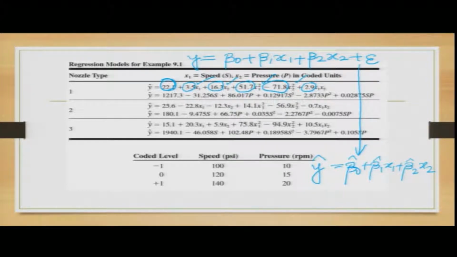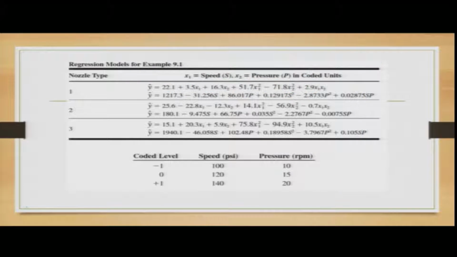The error term will not come. Now, when I consider the higher model, it will be y is equal to beta naught plus beta 1 x 1 plus beta 2 x 2 plus beta 1 x 1 square plus beta 2 x 2 square plus beta 2 x 1 x 2 plus epsilon.